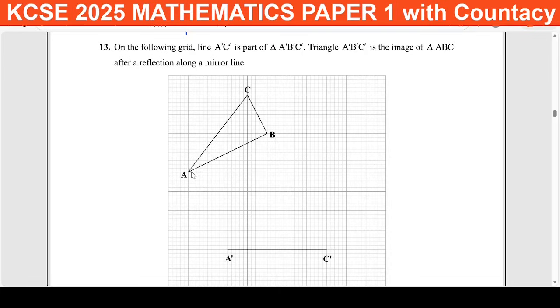I believe that if you follow keenly, you'll never have any challenge with questions that are involving a mirror line, because this is the exact method that you use for all questions that are involving reflection, especially of this particular nature. So the first thing that you do is to connect all the given points.